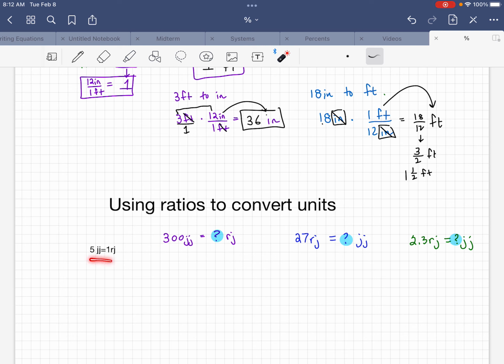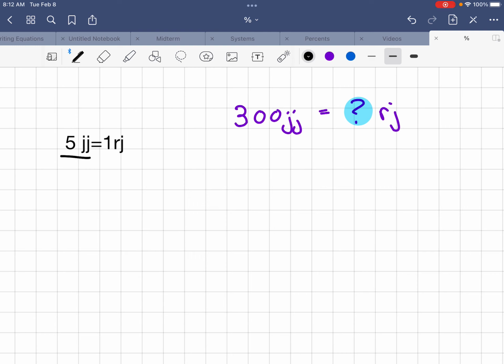All right, so if we want to get rid of JJ, like in this first example, we're converting from 300 JJ to we don't know how many RJ. The ratio that we would want to use, we would divide by 5 JJ. So we would take 300 JJ times 5 JJs in the denominator, 1 RJ in the numerator.